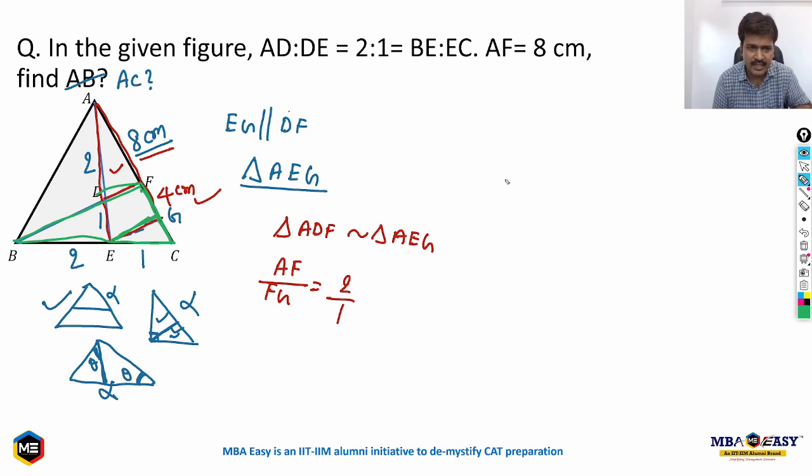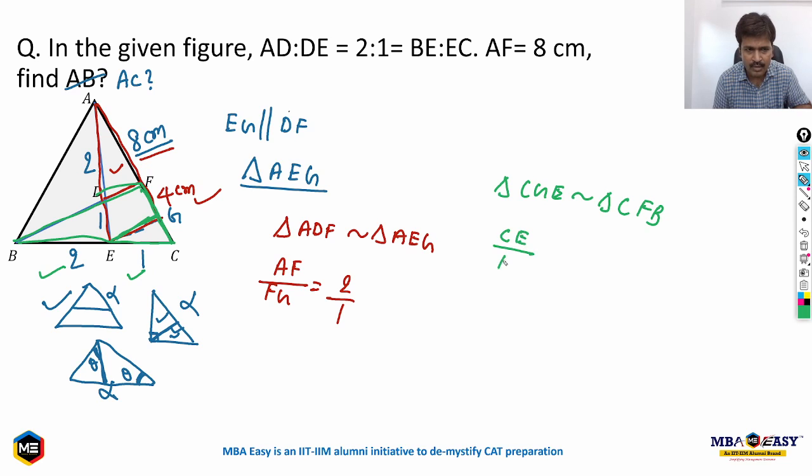So we can also say that triangle CGE, this triangle is similar to triangle CFB. ये दोनों सिमिलर है. और अगर ऐसा है then CE is to BE.